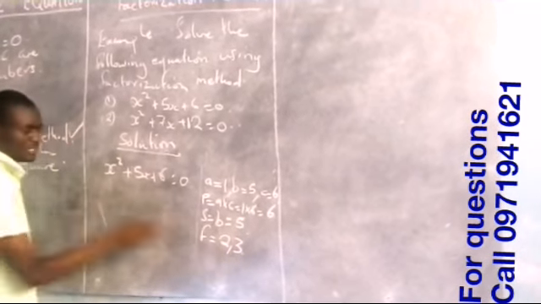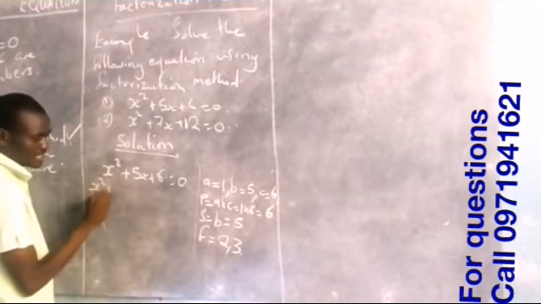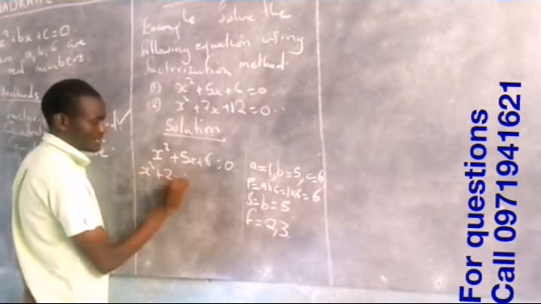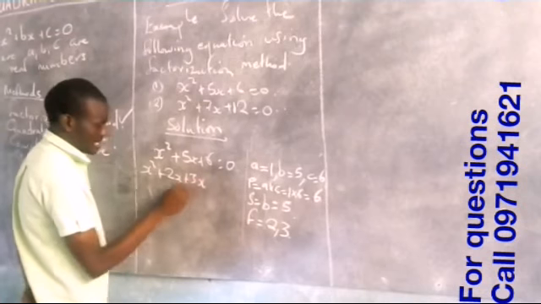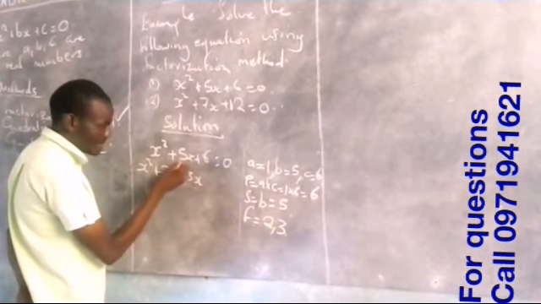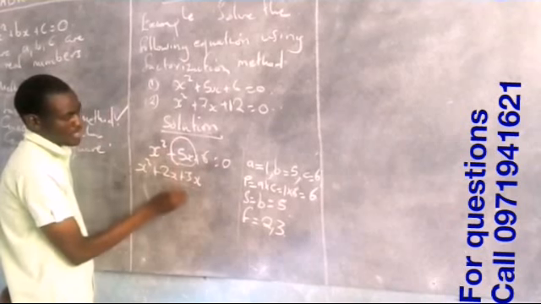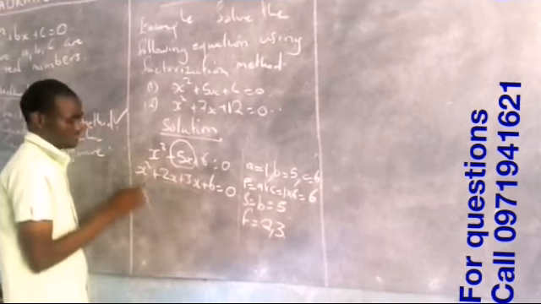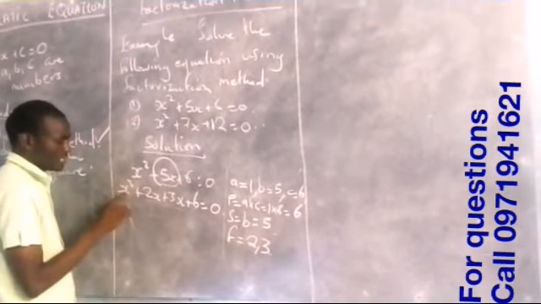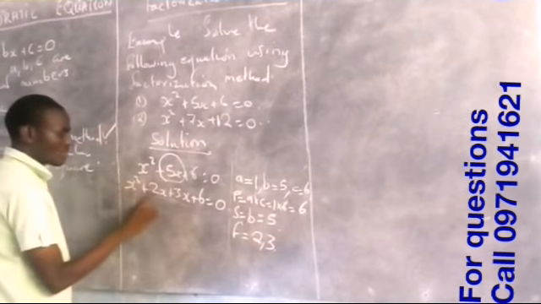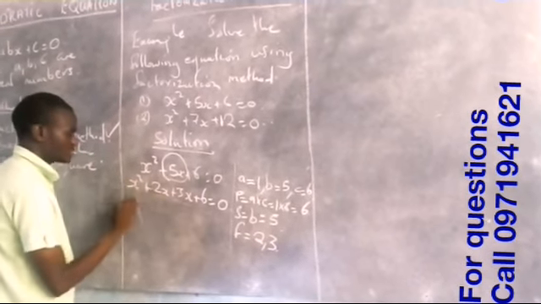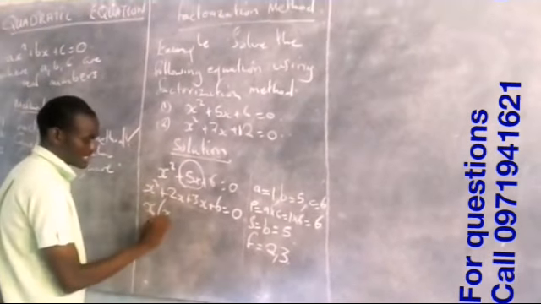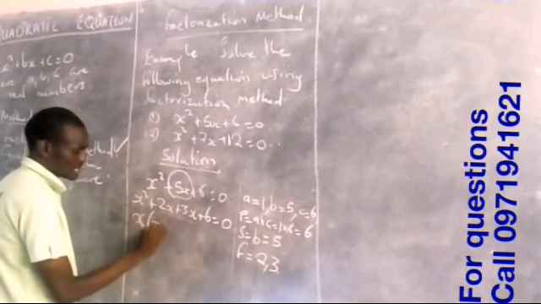So we substitute b with these numbers: x squared plus 2x plus 3x. These two numbers have come in place of b. Then plus the constant 6, which gives us 0. Now we need to factorize this. What is the common factor between x squared and 2x? x is common. x into x squared is x, x into 2x is 2.